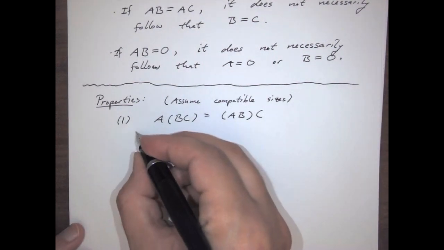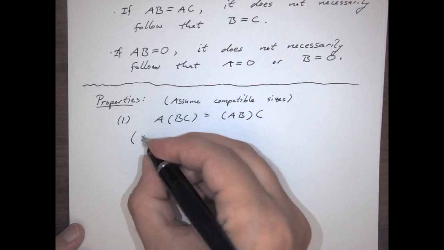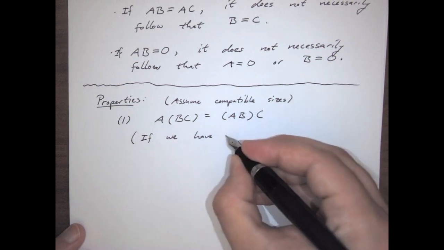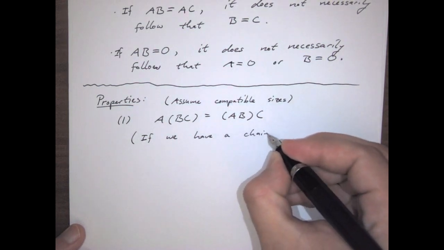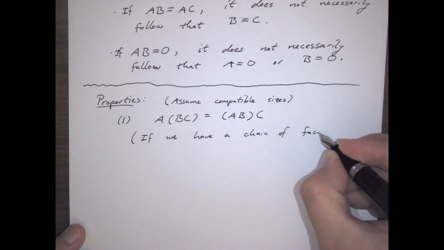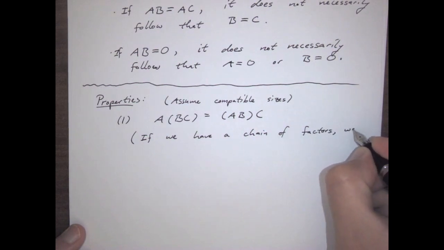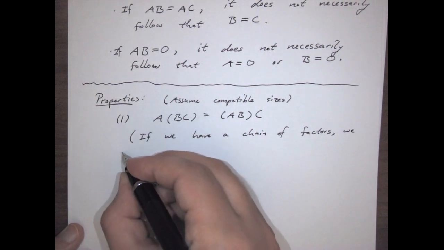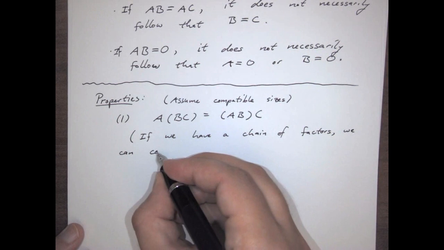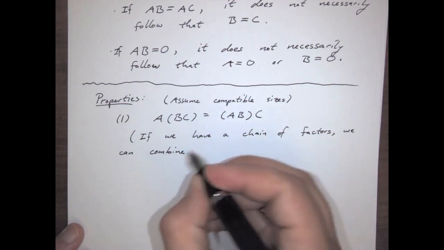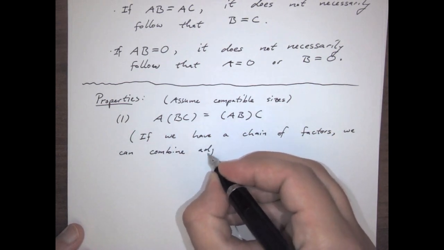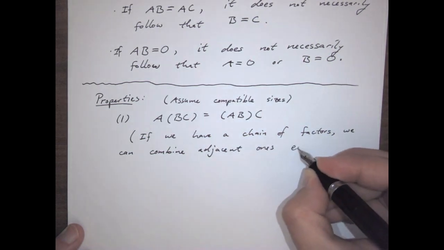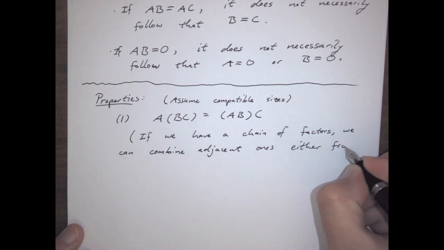So what this means really is if we have a chain of factors, we can combine adjacent ones either from the left or from the right.